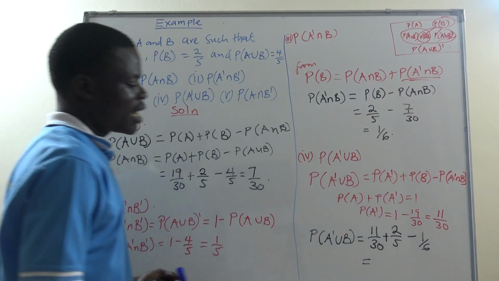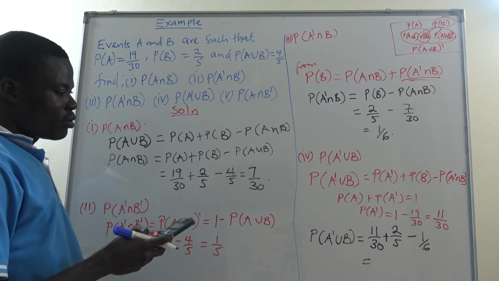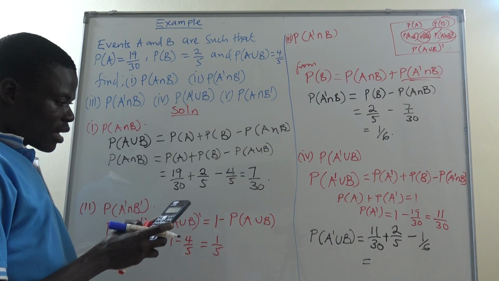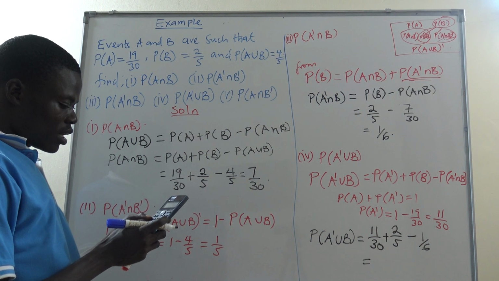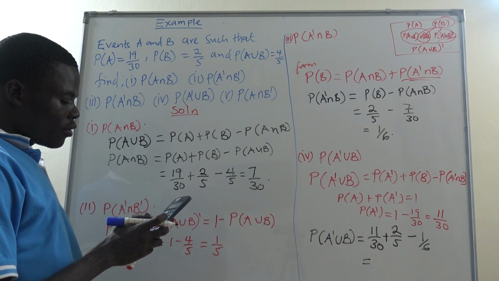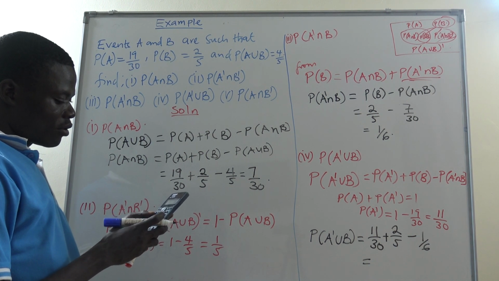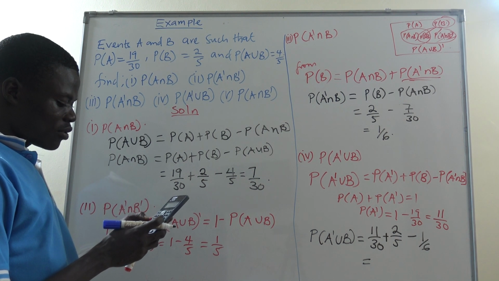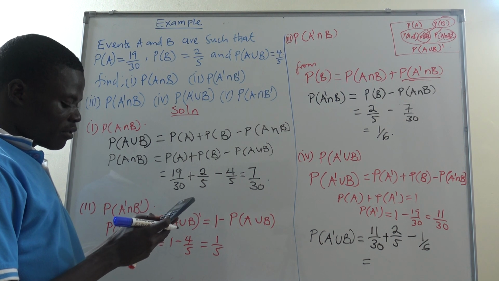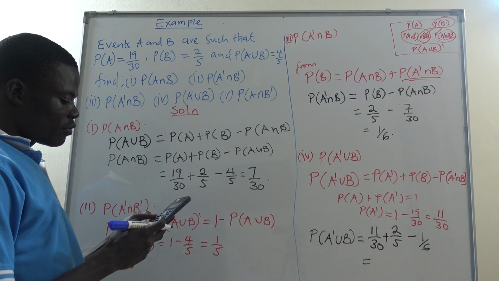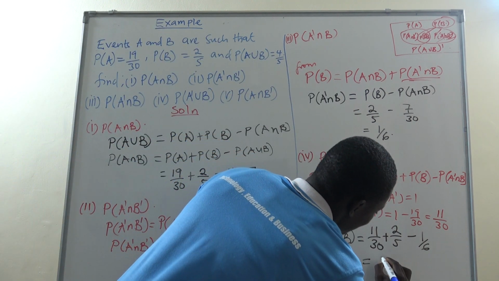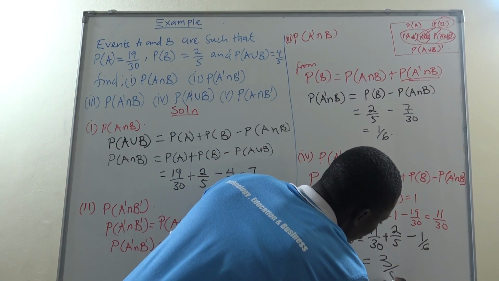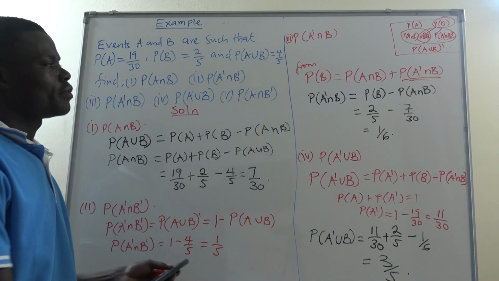So the answer directly gives you the probability of A complement union B: 11 out of 30 plus 2 out of 5 minus 1 out of 6. We get 3 out of 5.